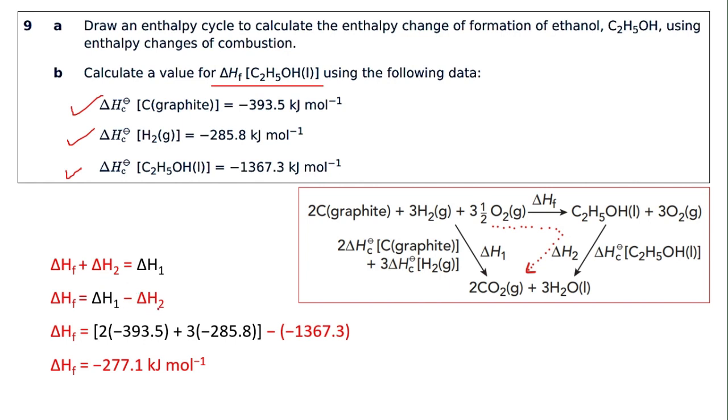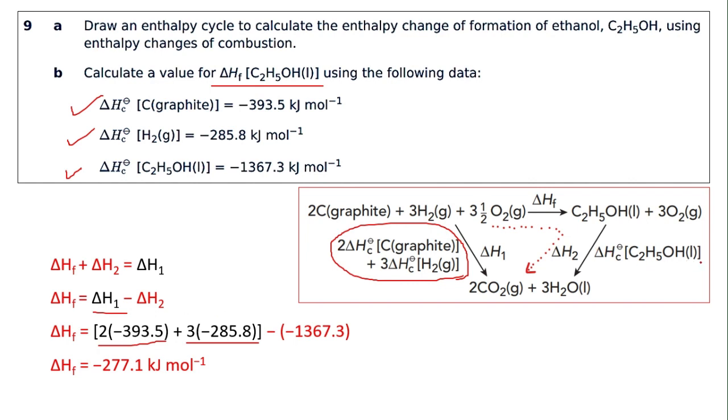So here I'm using different colors so that you can easily identify the values. In place of delta H1, we are writing 2 times the value of graphite and 3 times the value of hydrogen. So here is the 2 times value of graphite, 3 times value of hydrogen, minus delta HF, and delta H2 value.